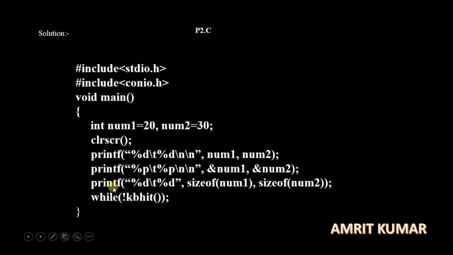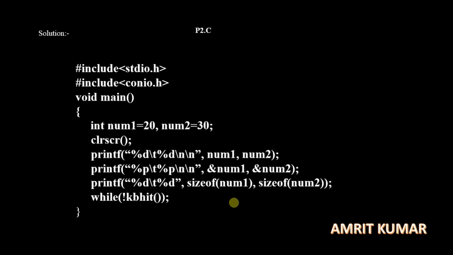Now after that we have used a printf function again to display the size of num1 and the size of num2, because the sizeof operator helps us determine what size the value contains. num1 is a variable whose data type is integer, and integer data type contains 2 bytes of memory.